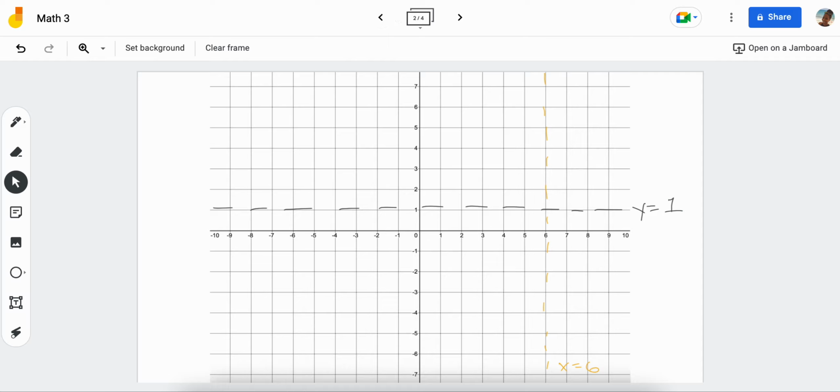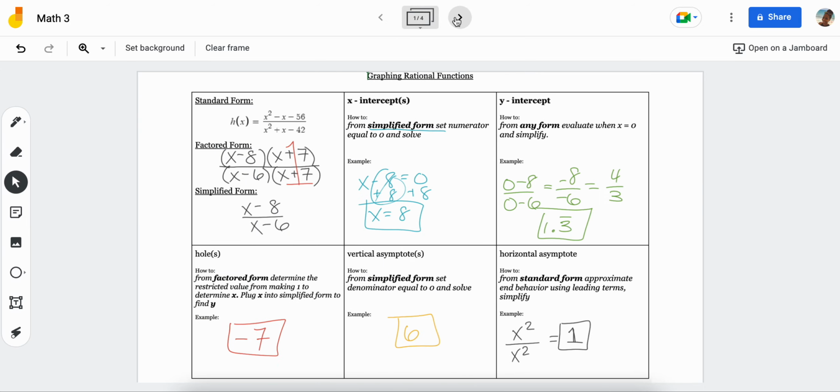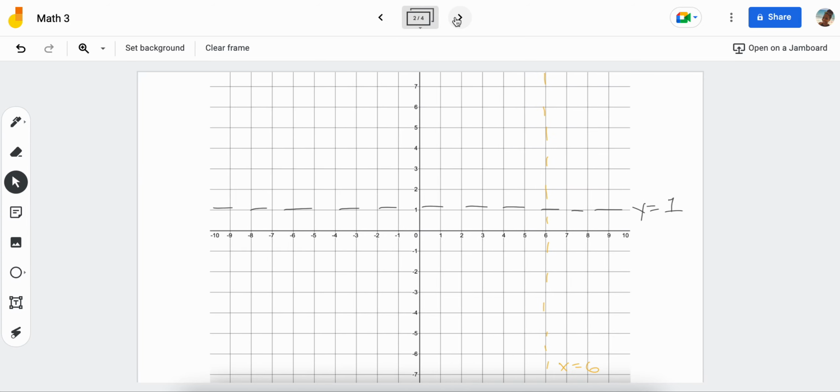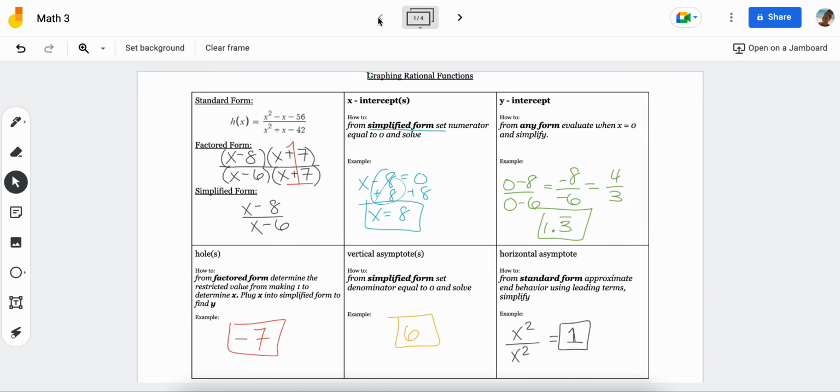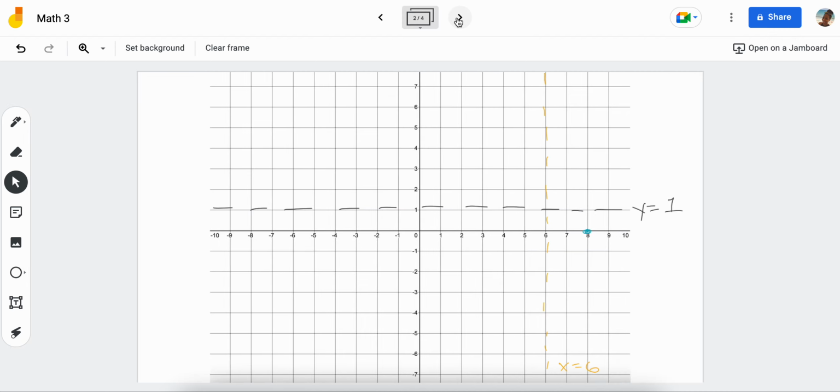And then I'm going to plot my intercepts. So I have an x-intercept at 8 on my x-axis. And I have a y-intercept at approximately 1.3, right? A little less than 1.5.